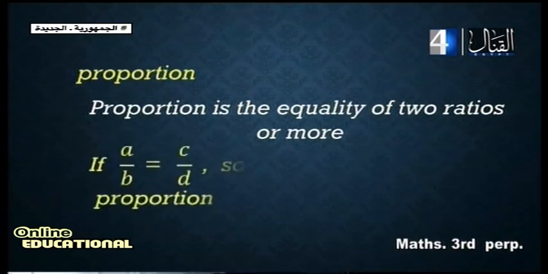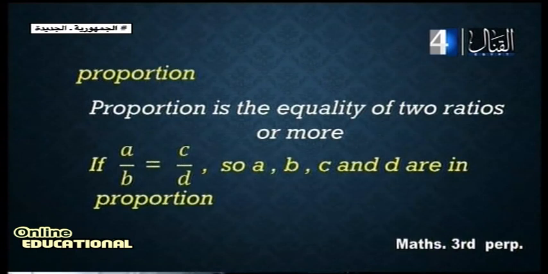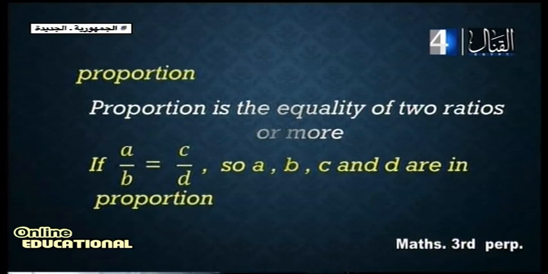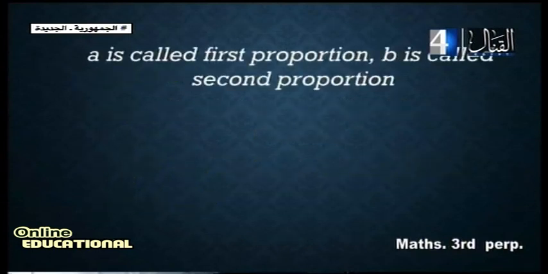How? Let us see. If A over B equals C over D, in this case we can say that the numbers A, B, C, and D are in proportion. It means that they can be written as A over B equals C over D, and they are making proportion. Then, what about A?